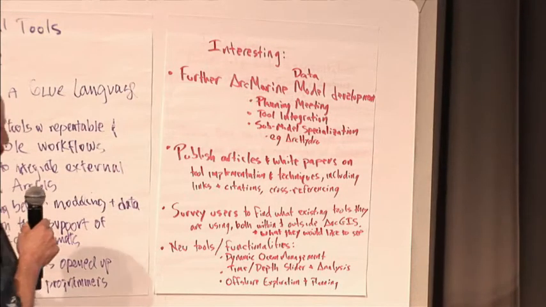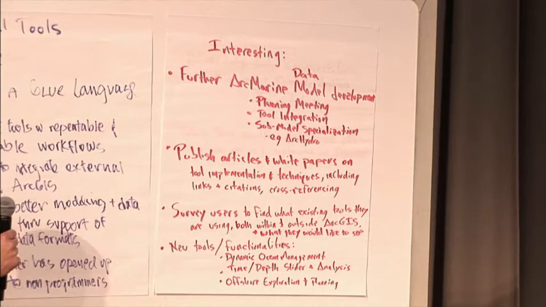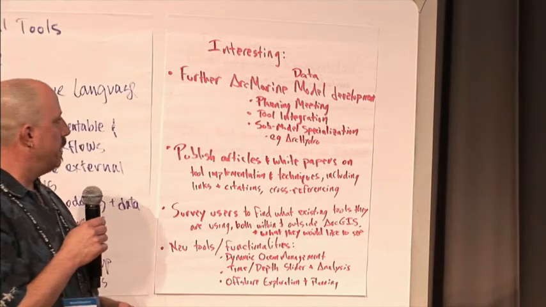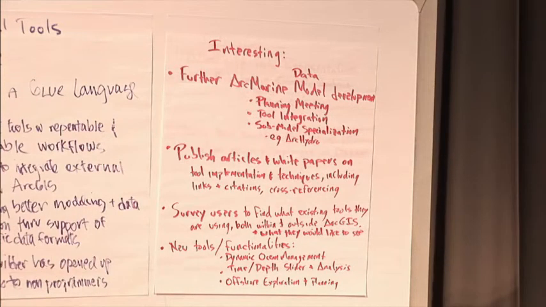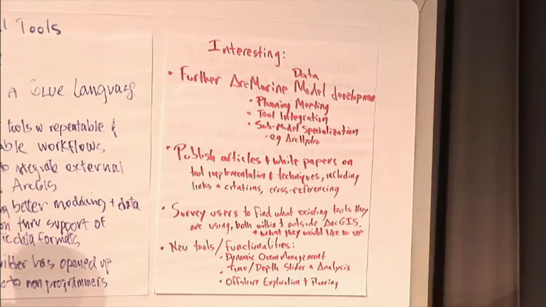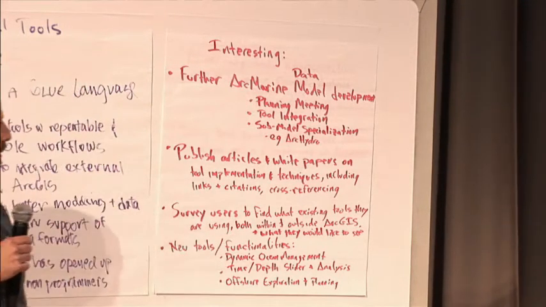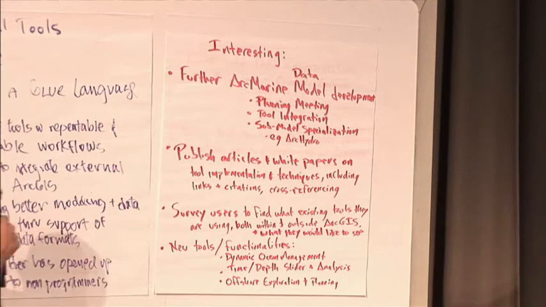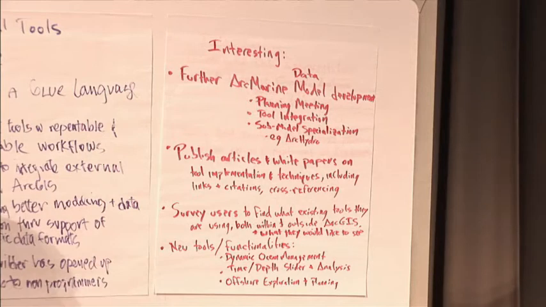We'd like to see both ESRI and the community publish more articles and white papers on tool implementation and techniques. And this gets back to the lack of full documentation for some of the tools, including links and citations, cross-referencing, and it gets back again to the need for a more easy and effective and efficient way of finding the tools that you need.